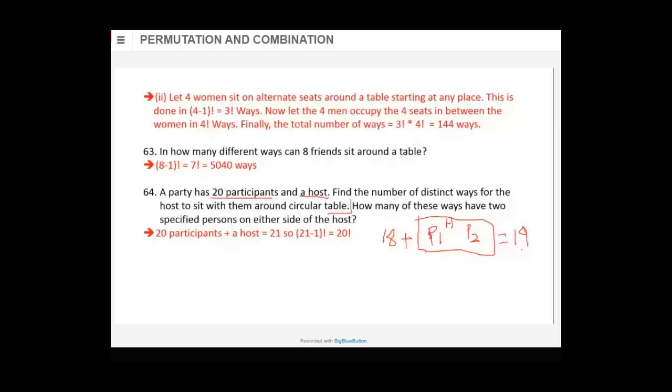18 पीपल प्लस अ ग्रुप ऑफ दिस 3. 3 को एक पकड़ेंगे ना? चलो अभी तो ट्राई करो वापिस.